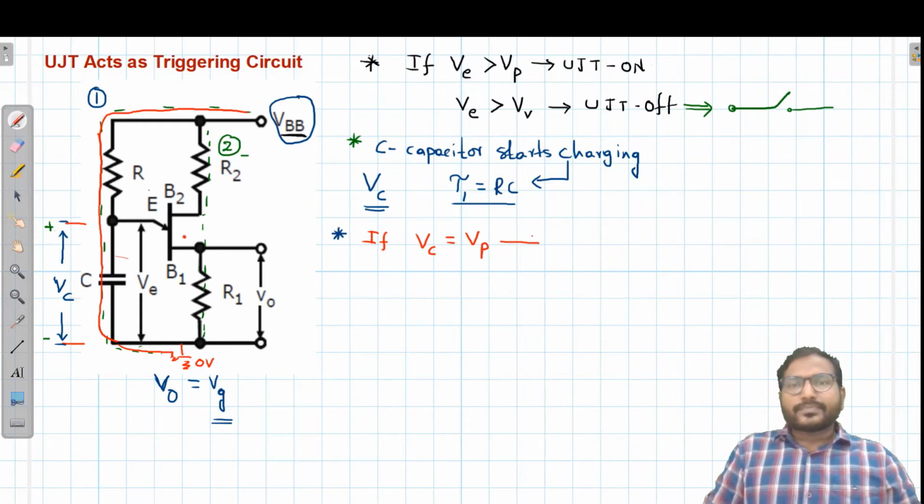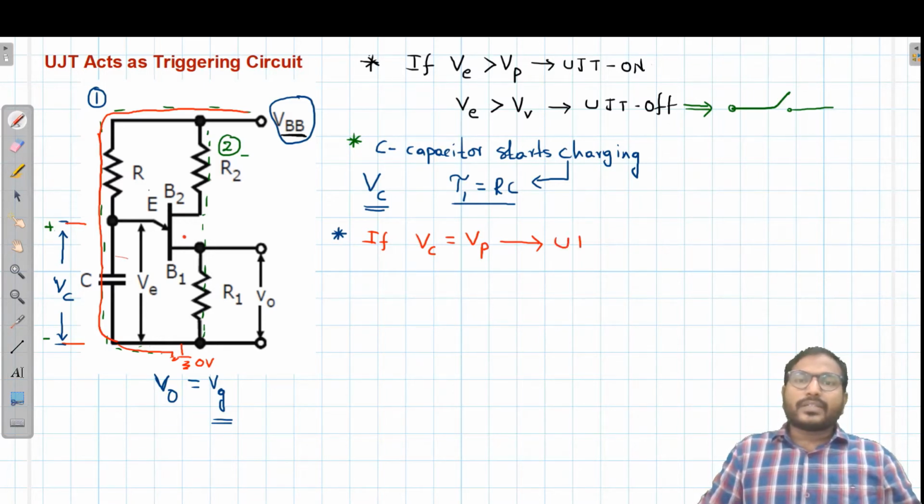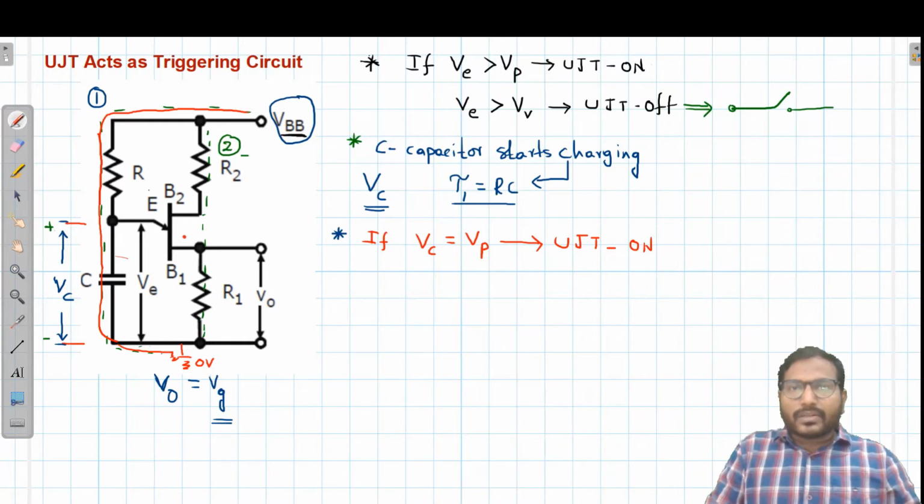This is the point where the UJT can start conduction. At this point the UJT will turn on. That is, when VE is greater than or equal to VP, the UJT will turn on.